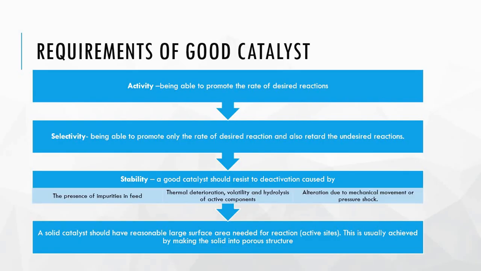Of course, the catalyst should have certain requirements. How do we get a good catalyst? A good catalyst should have some important properties, the first of which is activity: whether the catalyst can promote the final product we need or not. Most likely, the catalyst has active sites, which are responsible for bringing the molecules together.